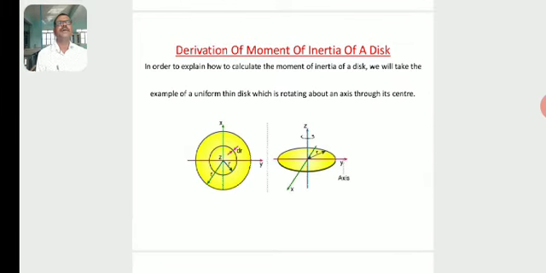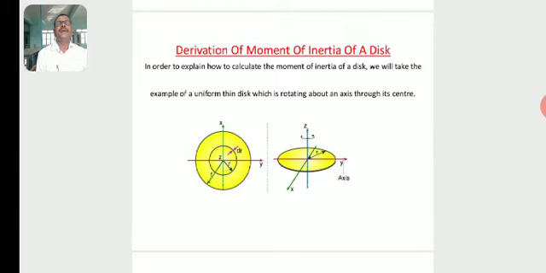In order to explain how to calculate the moment of inertia of a disk, we will take the example of a uniform thin disk which is rotating about an axis through its center. You can see that there are three axes which are mutually perpendicular to each other, say x-axis, y-axis and z-axis.